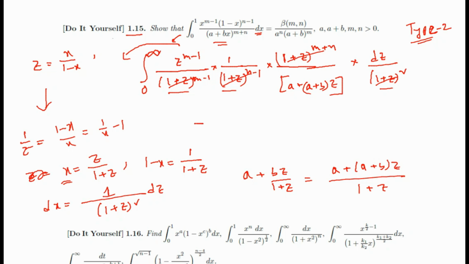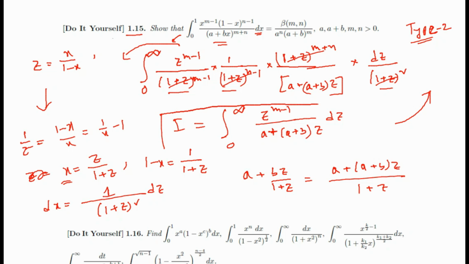and ultimately we will get integral 0 to infinity z power m minus 1 by (a plus b z) power m plus n. Now this is similar to the problem we have just solved before, that means 1.14, and I hope we can easily solve that integral.